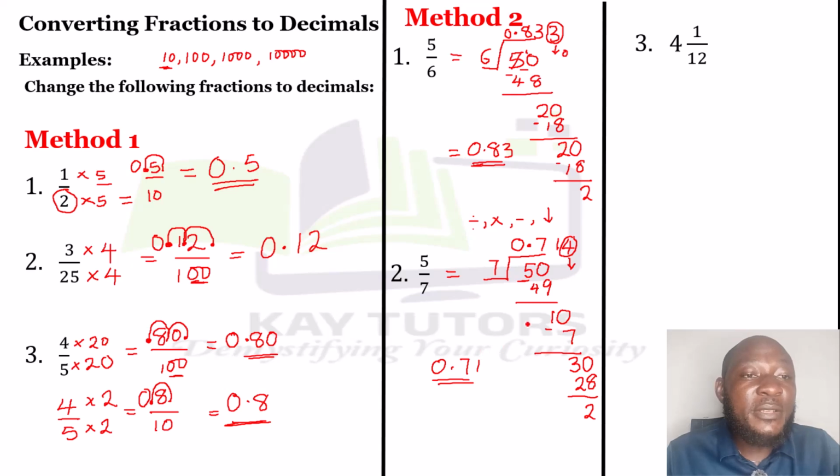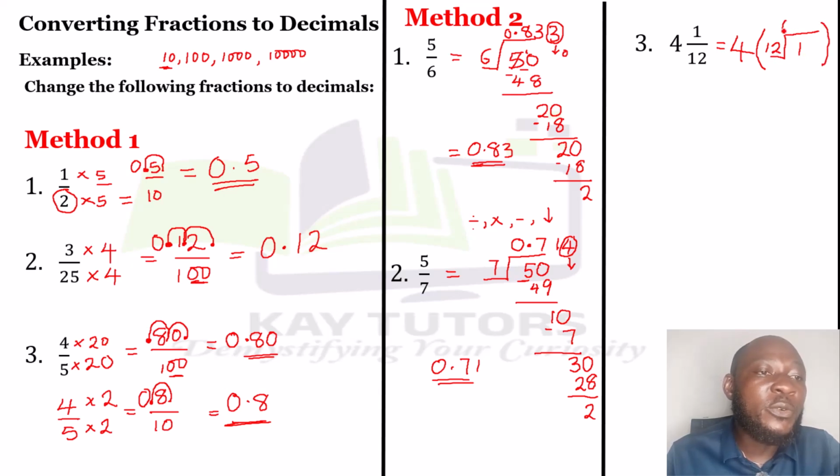So this is a mixed fraction. So for this mixed fraction, you'll keep your 4 in your cooler to be cooling off, right? So what you do now is to use your dividing line to divide, put 1 inside and 12 outside. Can 12 go into 1? It's not possible. So what will you do? You write your 0 and you put your point.